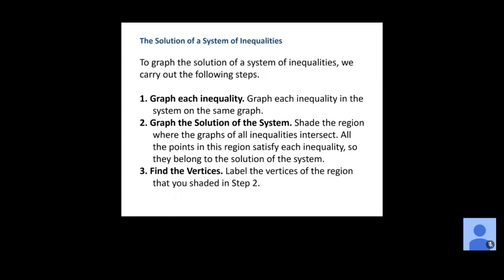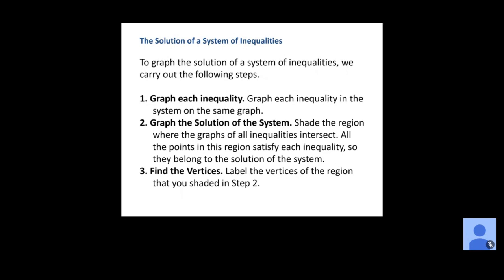Then it says we're going to graph the solution of the system. What that means is we're going to find the overlapping region between the two things that we've shaded at that point. So we're actually going to put both or all of them if there's more than two, right? However many inequalities you have, put all of them on the same graph. Then you're just going to look for the overlapping region of all of your inequalities.